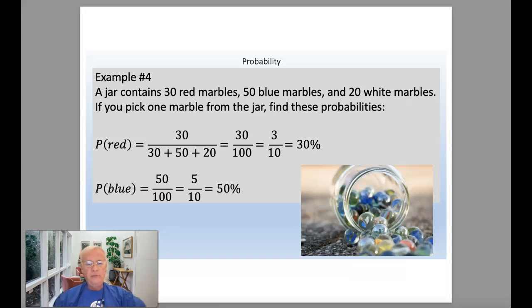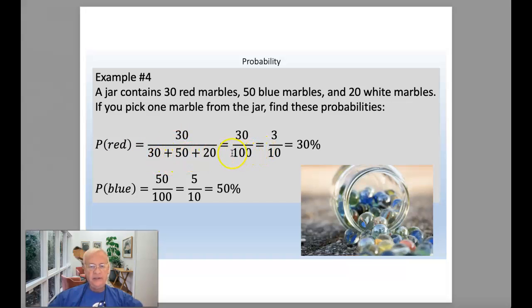Example 4 is important. We're talking about a jar with marbles: 30 red, 50 blue, and 20 white marbles. If you pick one marble from the jar, find these probabilities. The first one is, what's the probability that you pick one that's red? Well, the total number of marbles is 100, 30 plus 50 plus 20.